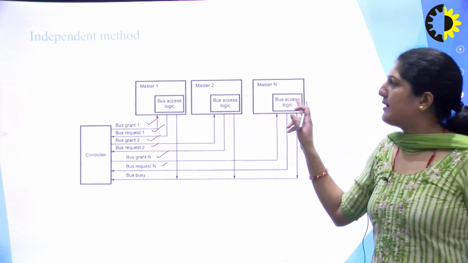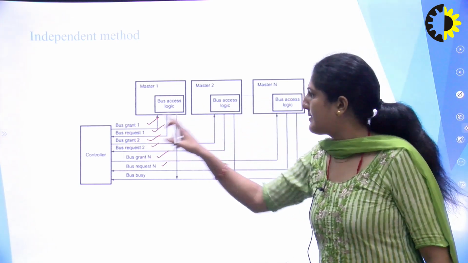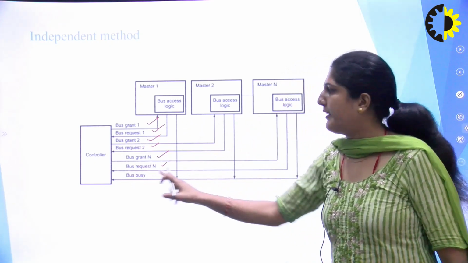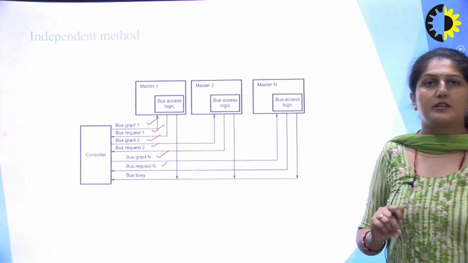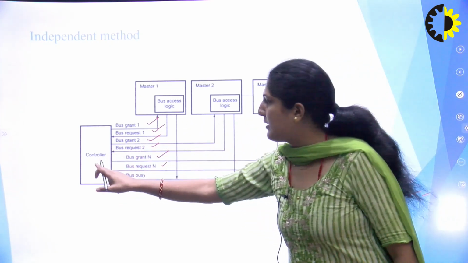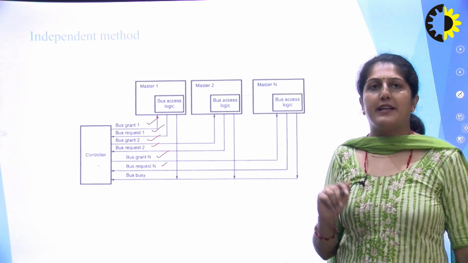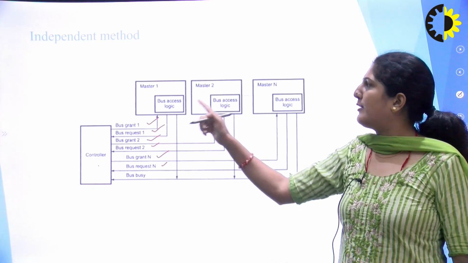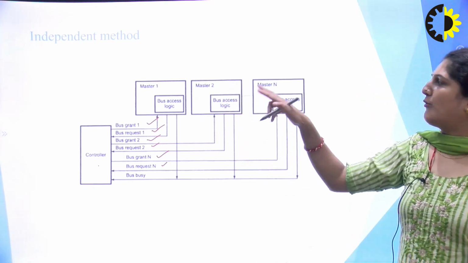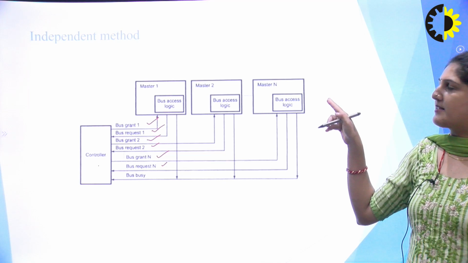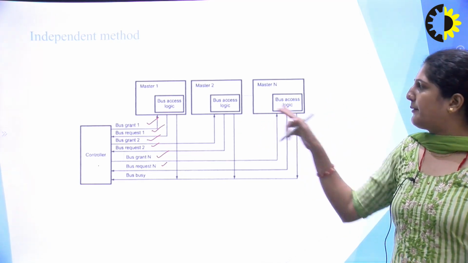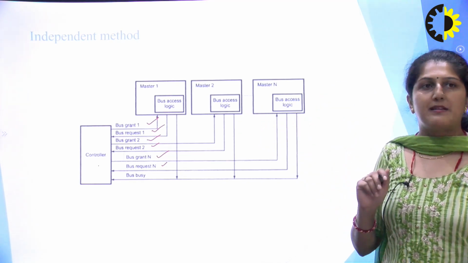With the help of the inbuilt priority decoder, it will choose among these devices who will become the bus master. Every device sends its request to the controller, and the controller's duty is to grant the request of one of the devices, who will become the bus master.